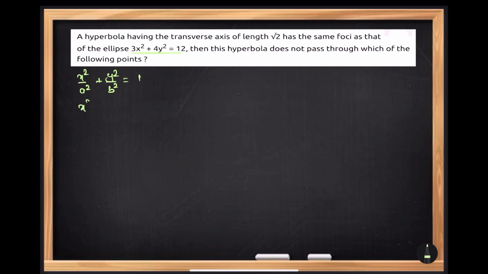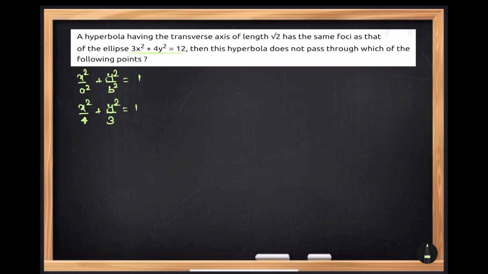So it is x square by 4 plus y square by 3 equals 1. So we got our horizontal ellipse, and the hyperbola also has the same foci, so we will have a horizontal hyperbola.